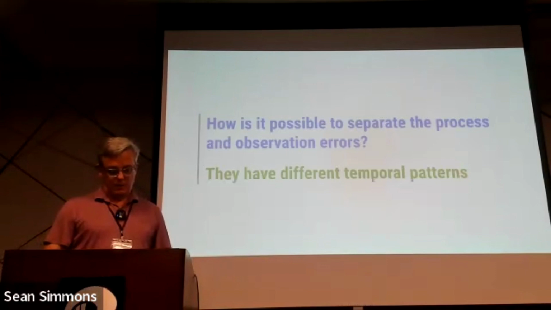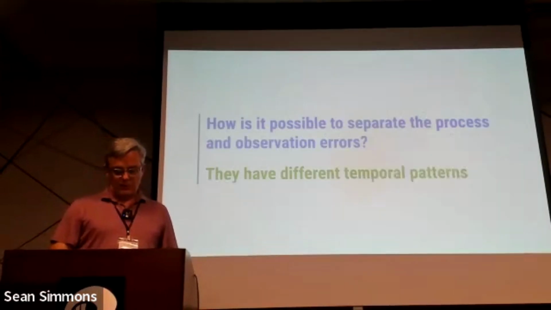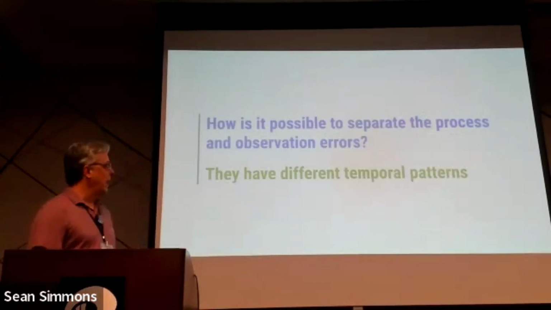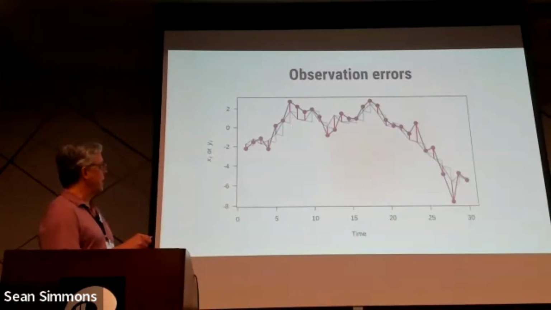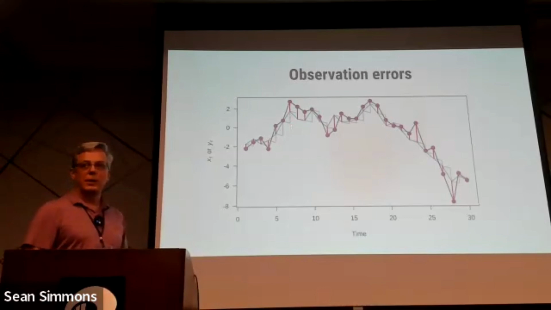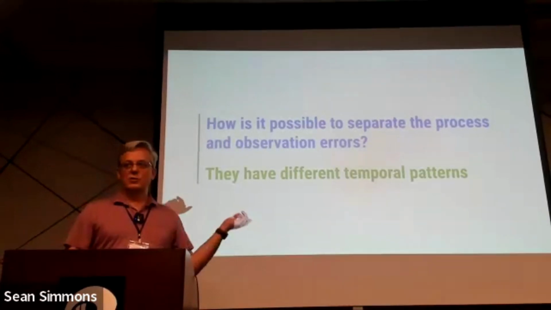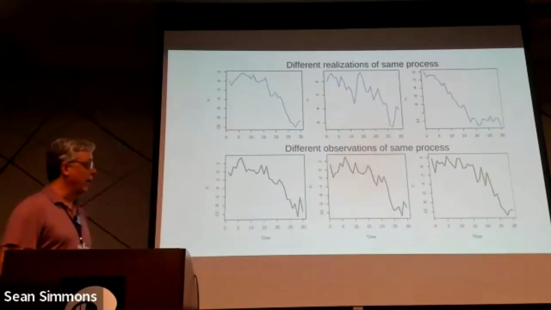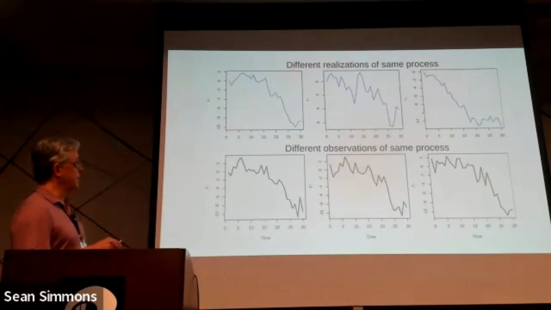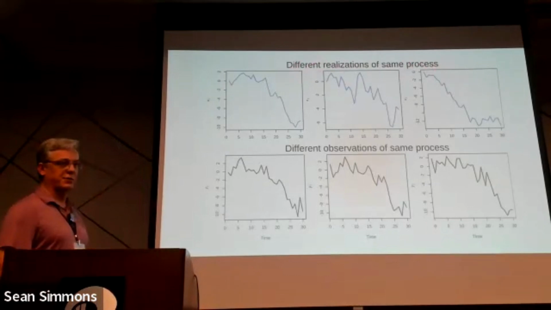Okay, let's see. Oh, this is a question that comes up all the time. How is it possible that you can parse this gray error from that red error in all of these? Well, it turns out that they actually have different temporal patterns. So here's a situation where I have taken 3 different realizations of the same process.